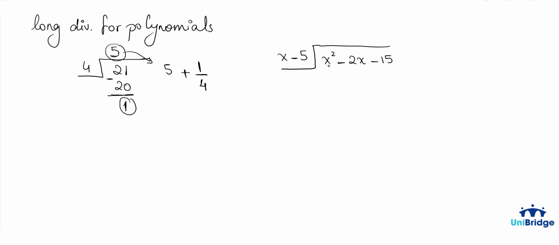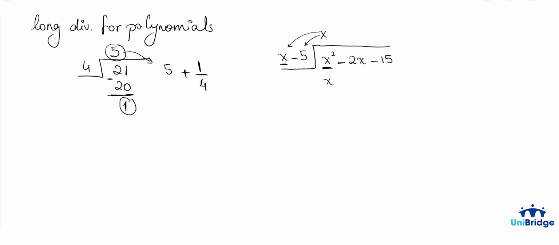So the first step is you divide x squared by x. The first term here, you divide it by the x. So x squared divided by x, you get x. You take this x that you just got and you multiply it by the two terms you have here.